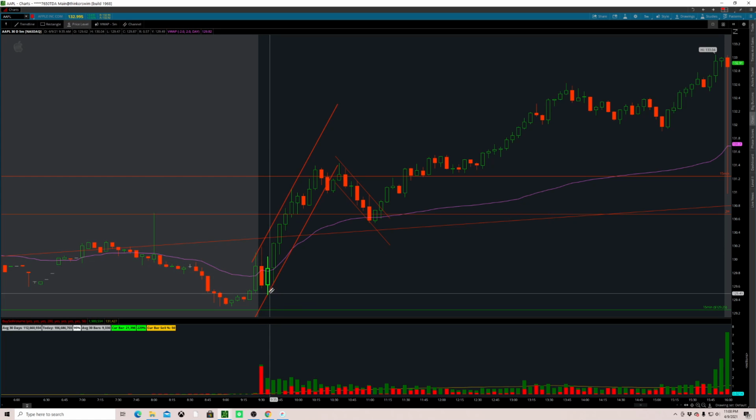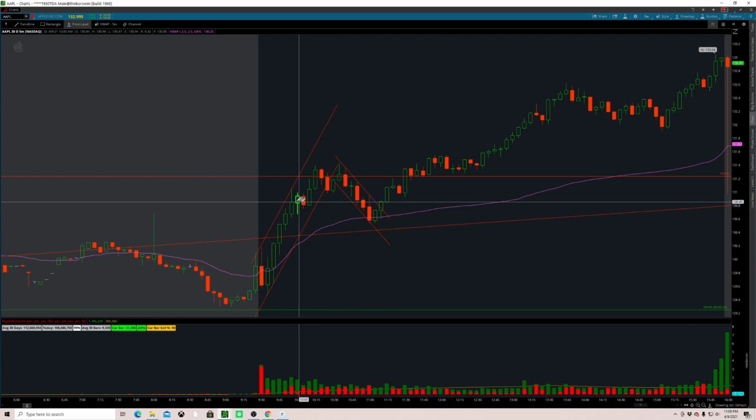So price rallied, reached the first supply area, and didn't really get a reaction. The second supply area was the one that I noticed, seeing this reaction, this is exactly what I want to see, this candle.